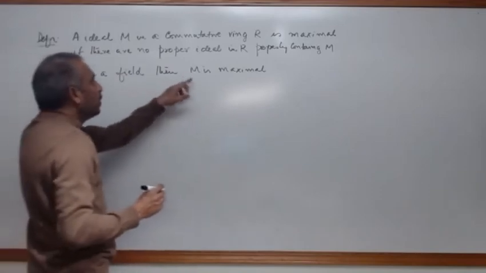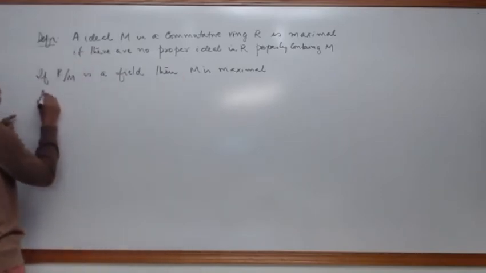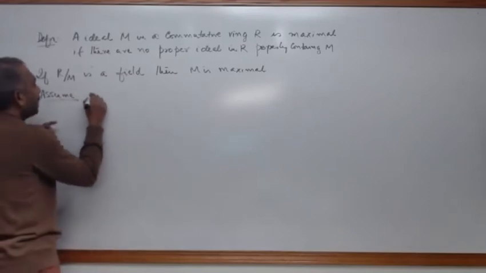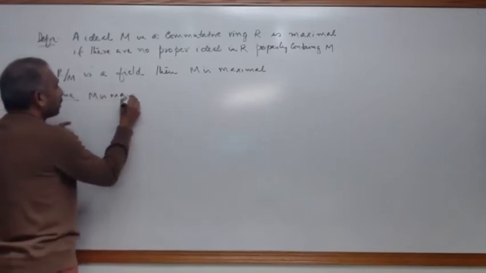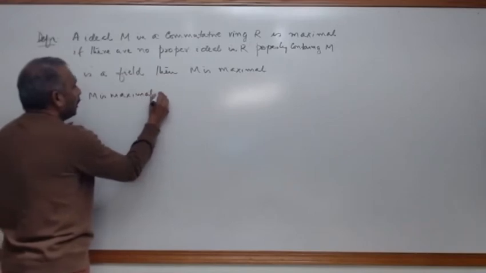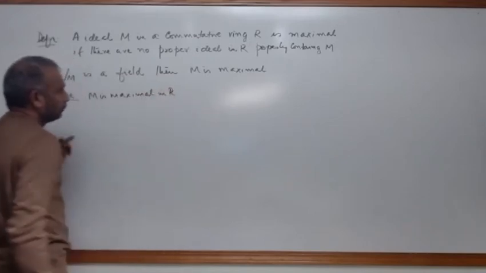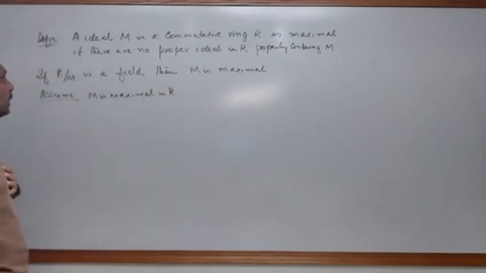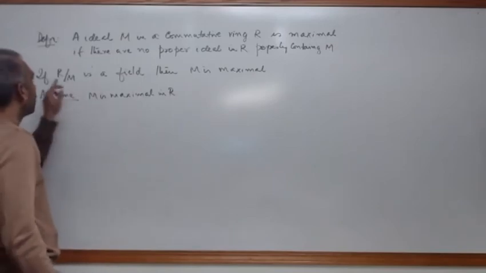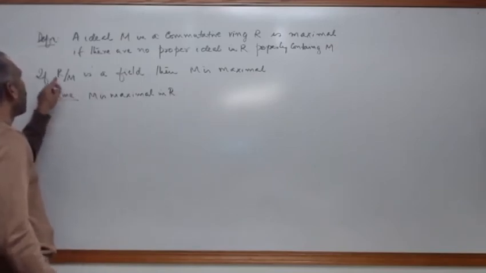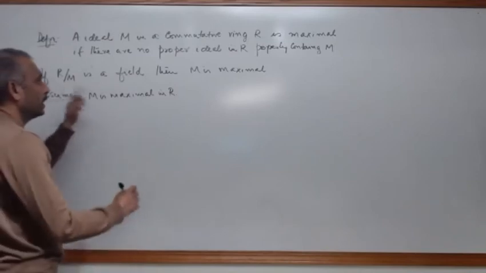Now let us assume M is maximal in R. Then can we say that the factor ring R over M is a field? That's what we want to find out.